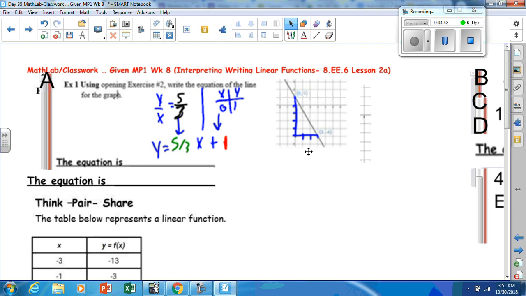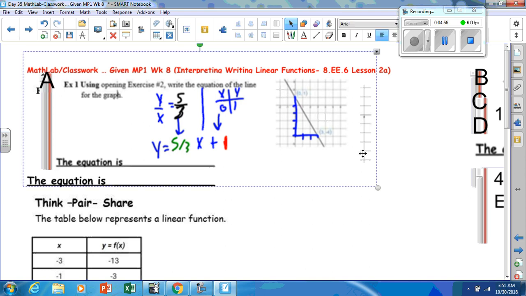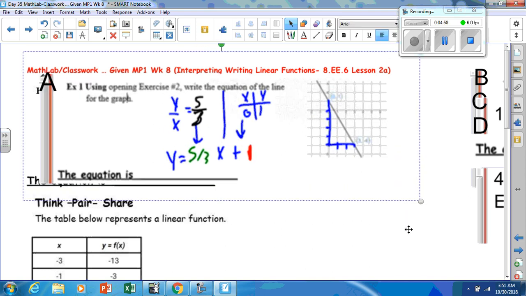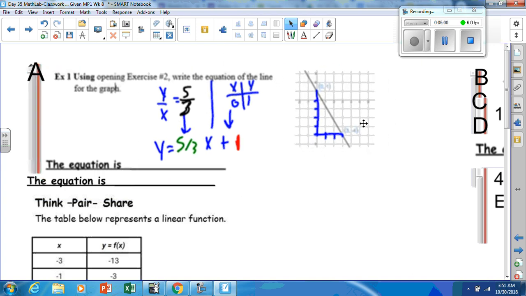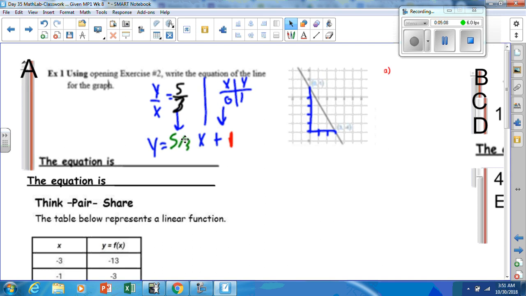So my equation can be written: y equals 5 over 3x plus 1. Okay? Let's go to our next question. Next question, we'll scroll down here.